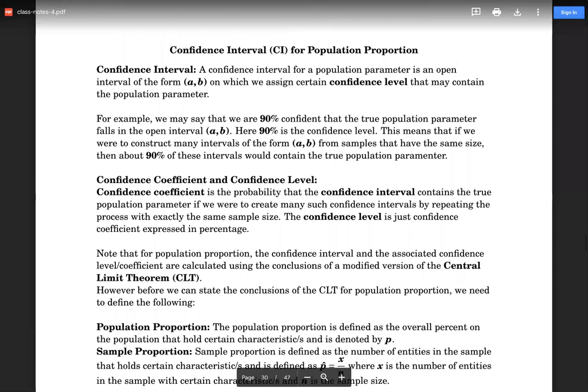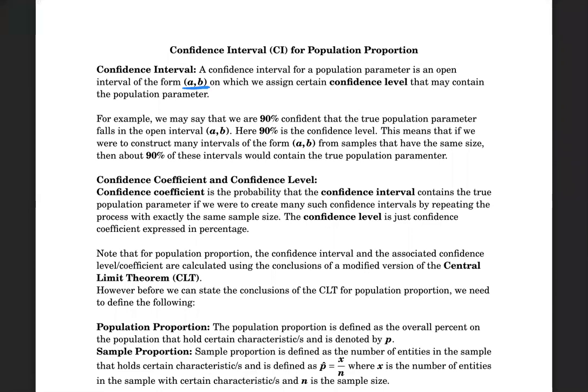Confidence interval, we just talked about it, but let's talk about it a bit more while we're on the topic. A confidence interval is an interval that you create from a sample. Based off of your sample, you create an interval of this form, okay? And you associate with it a level of confidence, which is a percentage.